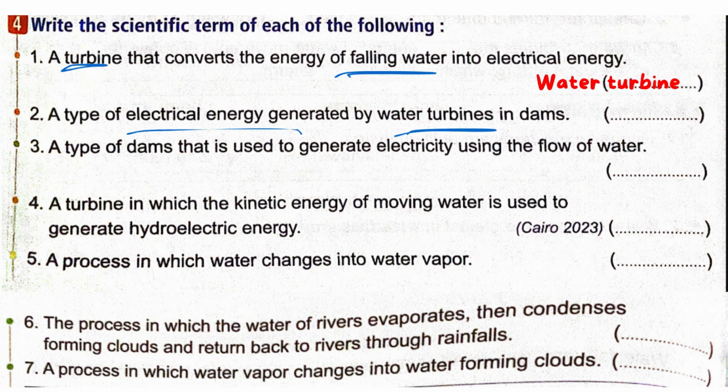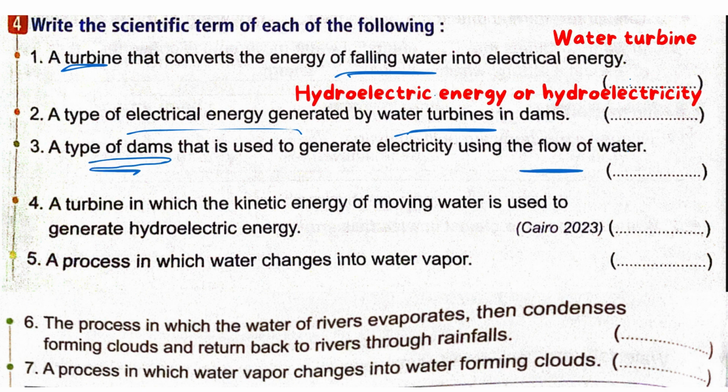A type of electrical energy generated by water turbines in dams. So this type of electrical energy has a name. Do you remember it? Yes, the type of electrical energy generated by water turbines in dams, we call it hydroelectric energy or hydroelectricity.